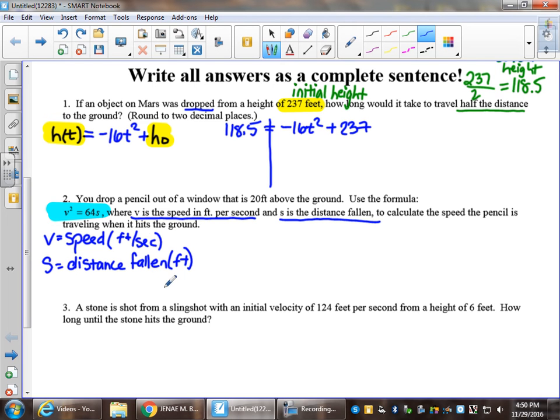And because the measure is feet per second, I know that that will be measured in feet. To calculate the speed the pencil is traveling when it hits the ground, we're going to use v squared equals 64s.